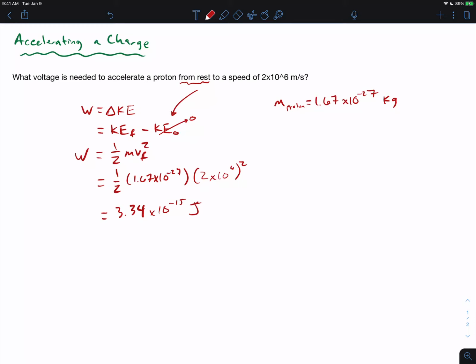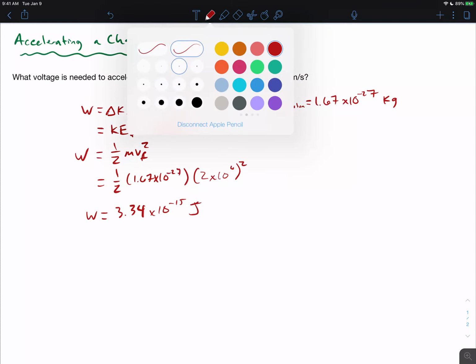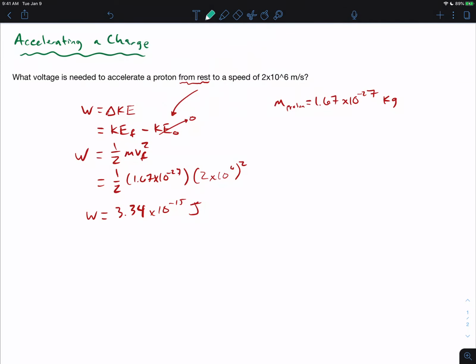So we know the amount of energy that we need in joules, but we also have another way of looking at work when we're talking about accelerating charge in an electric field, right? We know that the work done by an electric field is how much charge we want to move, times the potential difference over which we want to move this charge.